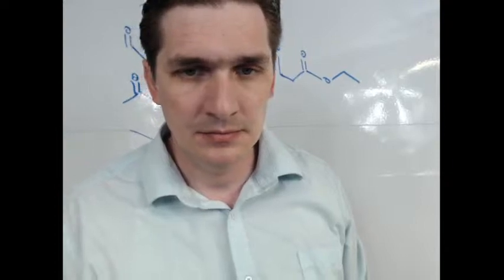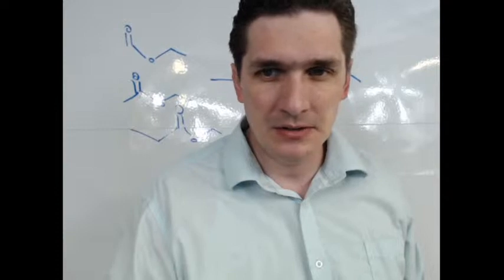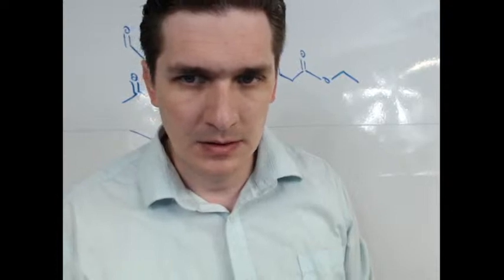All right. Give me a minute to think about this. Amine chemistry I'm not so good at. So the nucleophile is the one that does the attacking, the electrophile is the one that gets attacked.